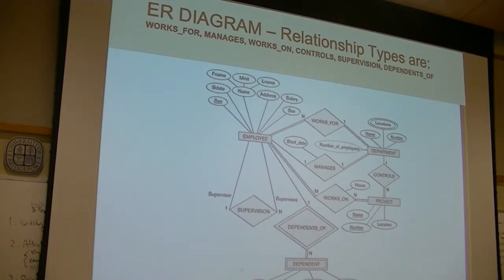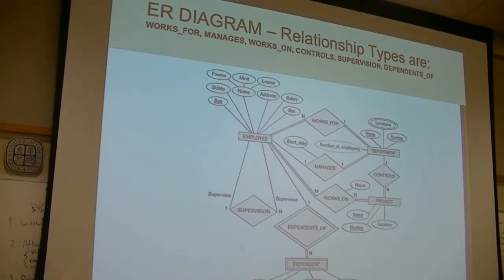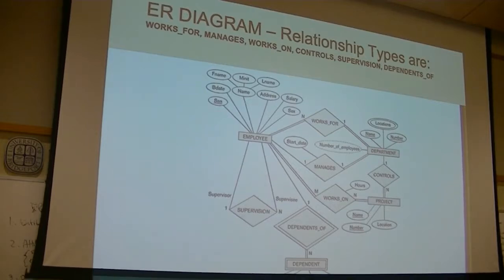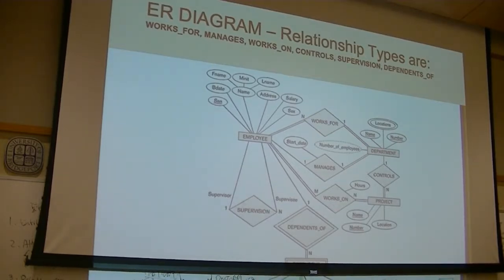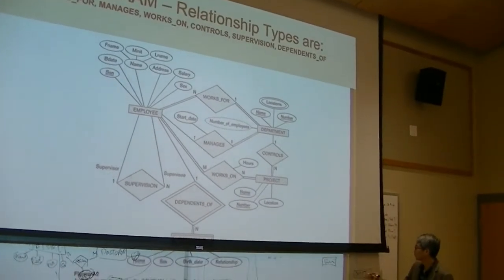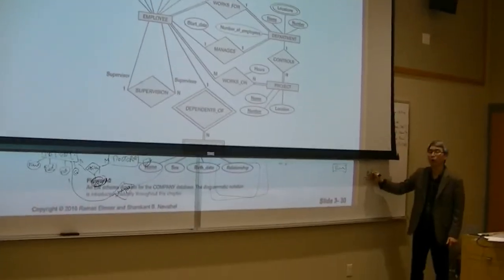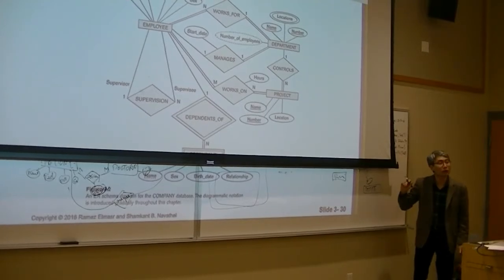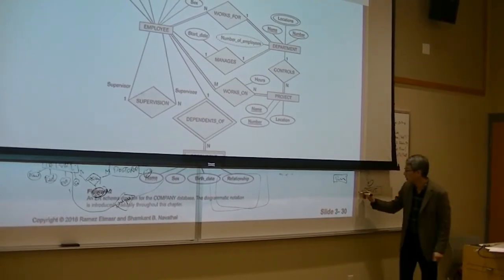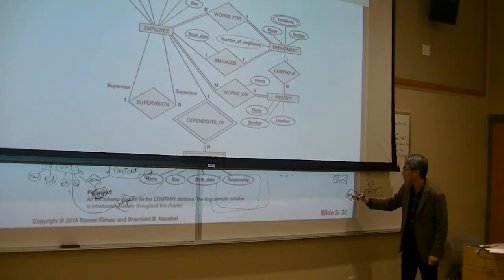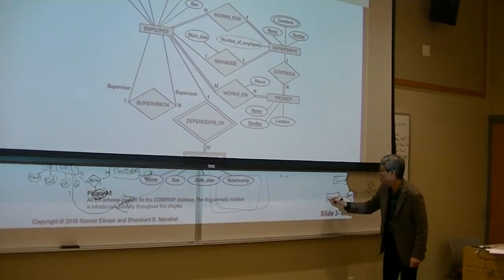Can you repeat it one more time? So, for example, when we maintain the department and it does not have a number of employees, how do you get the number of employees? Using the relationship works for, you access the employees.